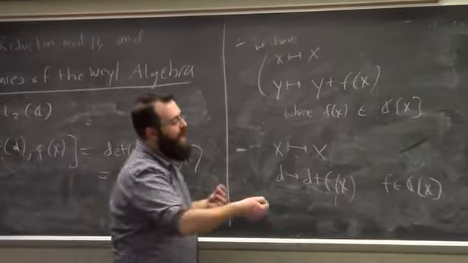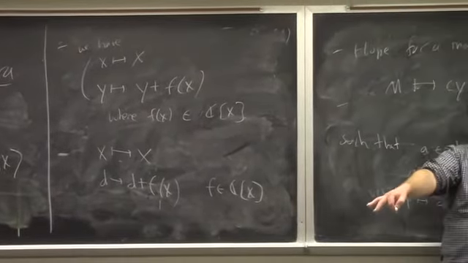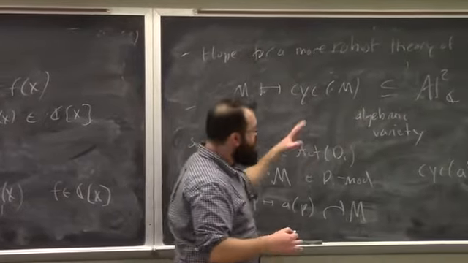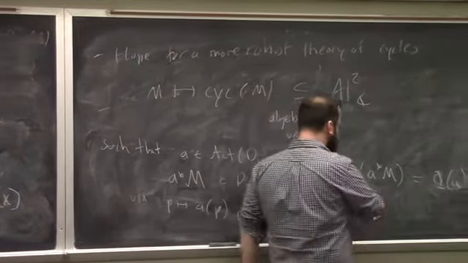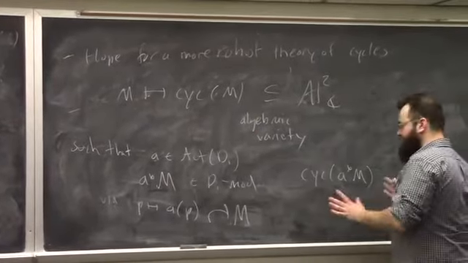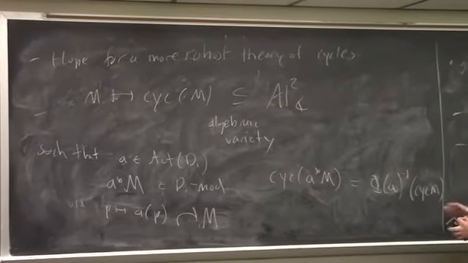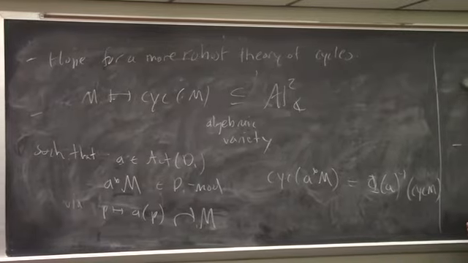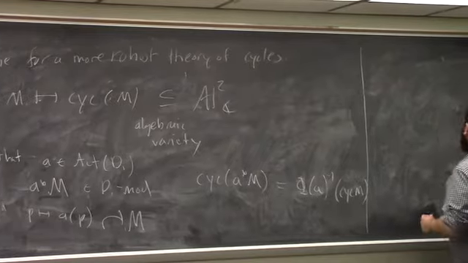Well, if I'm allowed to act on cycles by a big automorphism group, my cycles are going to be much, much more complicated varieties. So even though this might be more complicated, it will be a very refined invariant by virtue of this equation. If we had a cycle like this, it would really be telling us some very powerful things about modules over D1. Okay. So this is our best hope for a cycle. Not saying what it is yet, or even if it exists, but that's what I hope for.